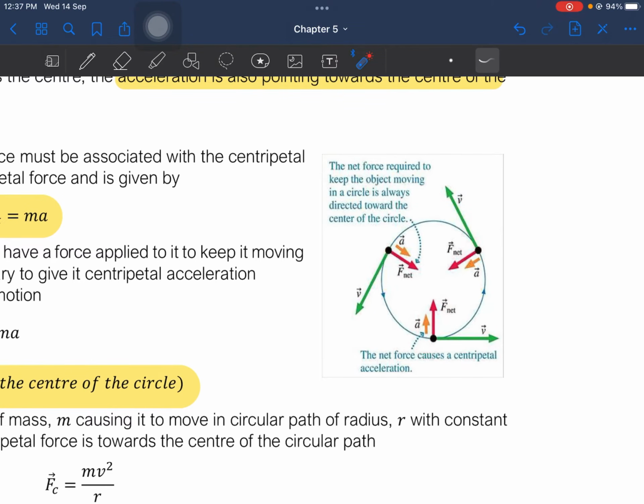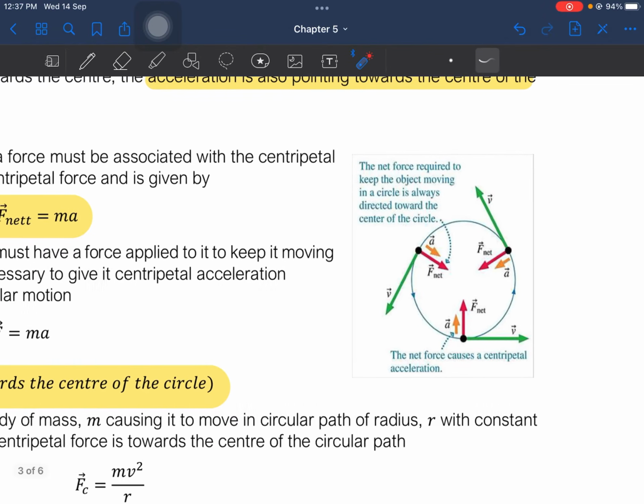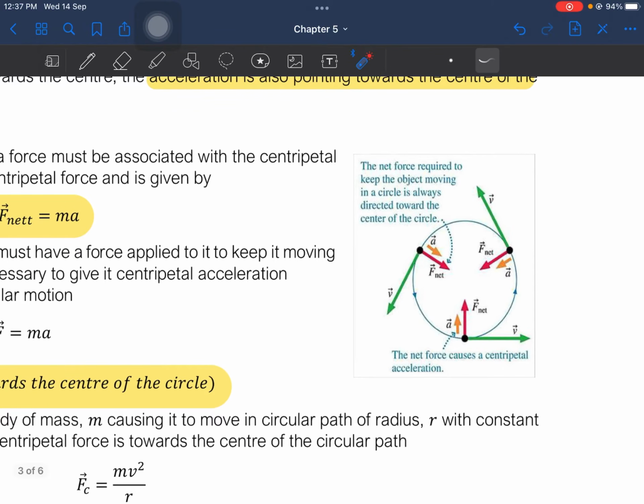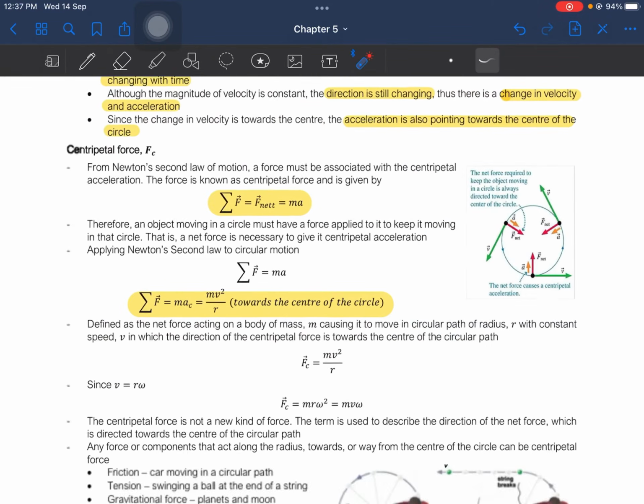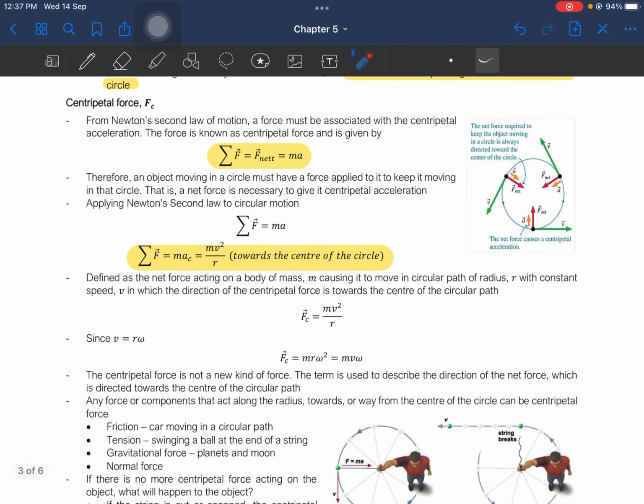The net force required to keep the object moving in a circle is always directed towards the center of the circle, and this net force causes a centripetal acceleration. When there is a force, then we have centripetal acceleration, and when there is a force, we can have circular movement with constant speed, the same magnitude.